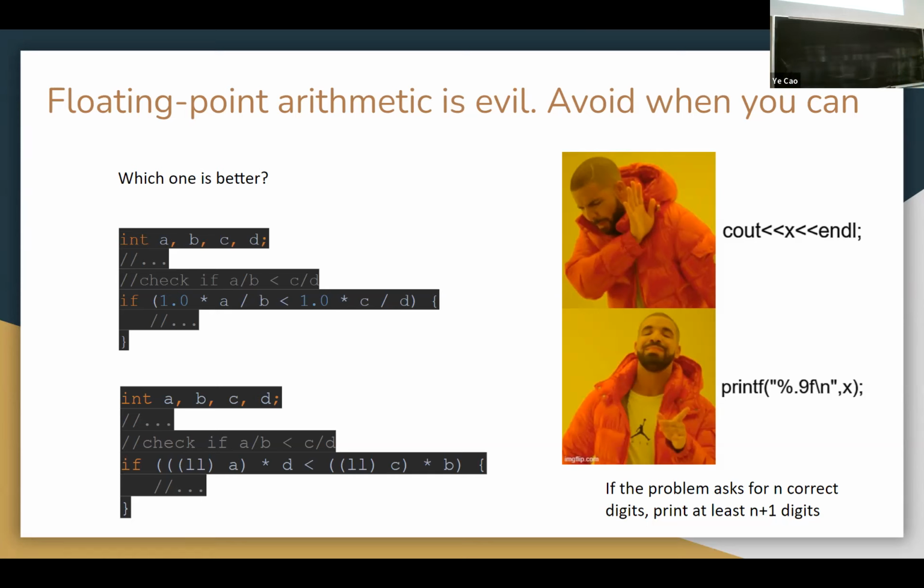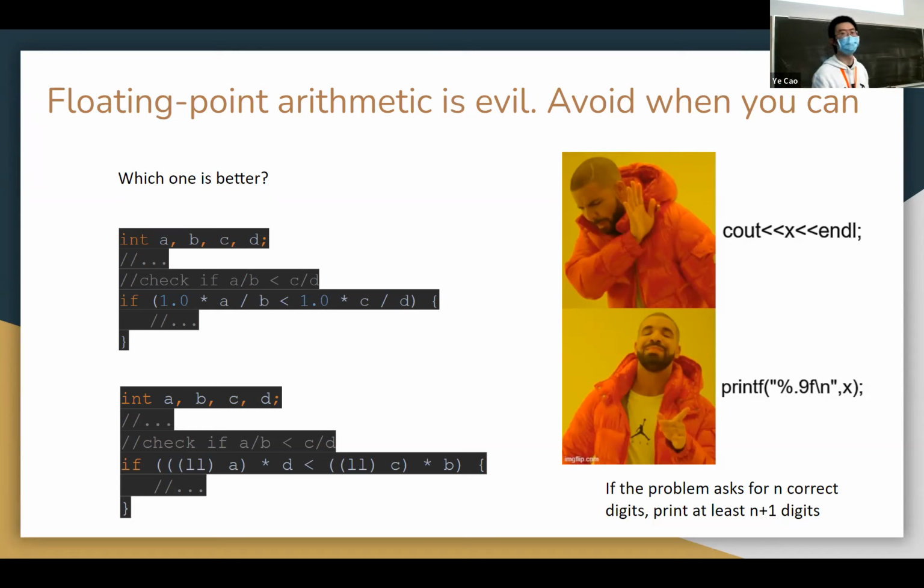Second. Yes, and why? Well, your intuition is definitely correct, because floating point division is not exact. If the real values of a over b and c over d are very far apart, the first approach will most likely work. But if they're really, really close, then things might go wrong.